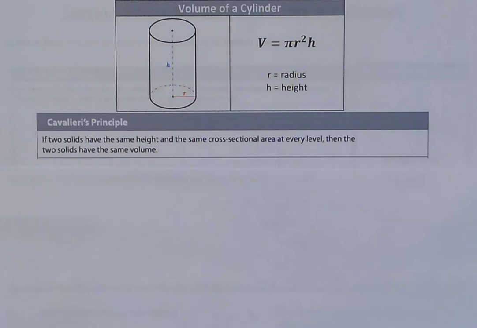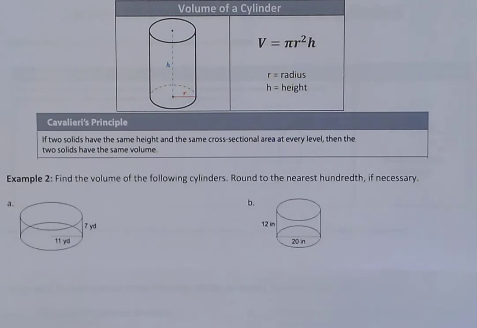With that said, let's go ahead and practice finding the volume of some different cylinders. So, example 2 is going to have us find the volume of the following cylinders, and they want us to round to the nearest hundredth if necessary.